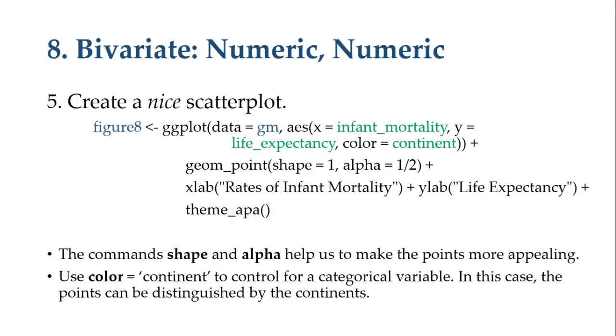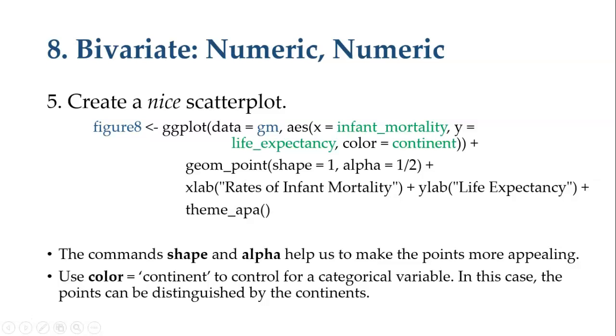In order to do that, you change the shape, and especially the intensity of the color of the geom points, and that's basically what you do. The other thing that I changed here is that the color of each point will be determined by continent.